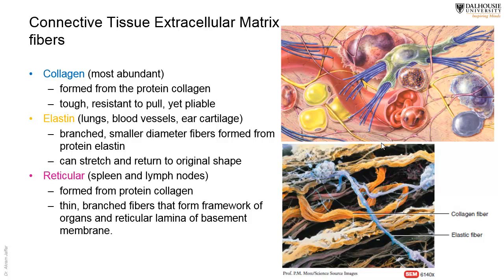Elastin fibers are present, for example, in the lungs and blood vessels, and they are smaller than the collagen fibers, branched, and, as the name indicates, elastic. So they can stretch, and then they return back to their original length, what we call elastic recoil. This happens, for example, during respiration.